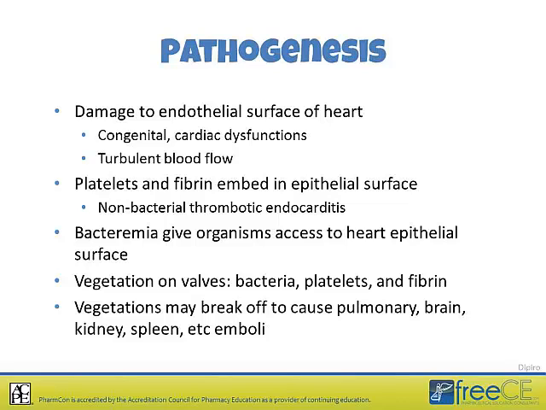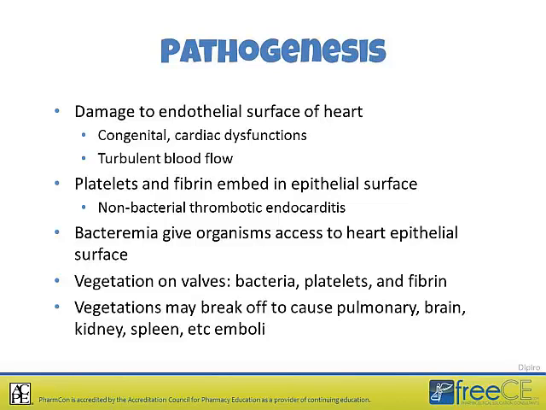The next important piece is that the vegetation is on the valves. You've got bacteria, platelets, and fibrin making up that vegetation located on the valve. This is not always the case, but the vegetations can break off, and this leads to a phenomenon called septic emboli, and these septic emboli can really travel anywhere. They can travel to the lungs, the brain, the kidney, the spleen.